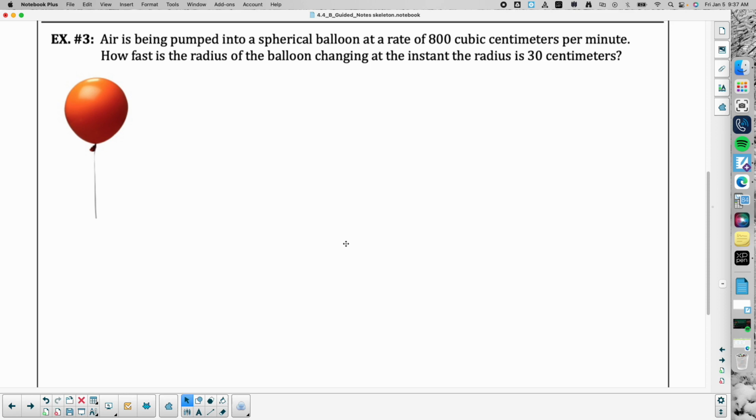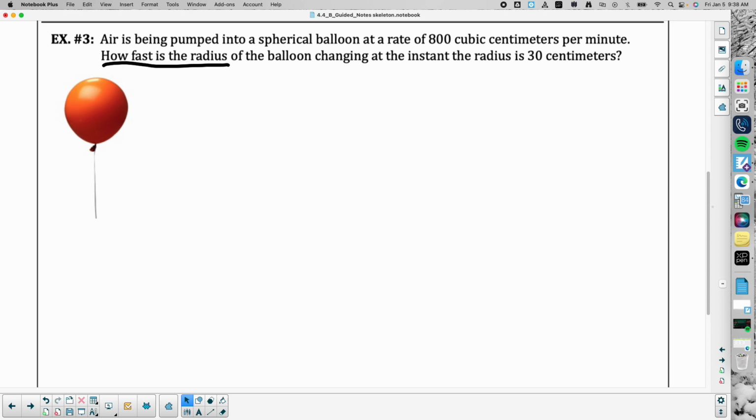So underline what we're trying to find. Okay, erase the other one. Nice. All right, now when it says how fast is the radius of the balloon changing?